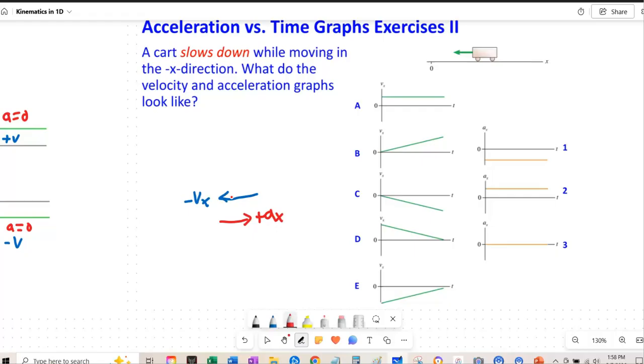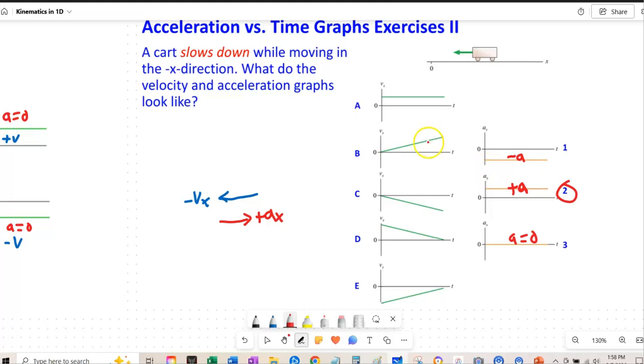They're parallel, but they're in opposite directions. So which one of these acceleration versus time graphs shows a positive acceleration? Well, this is negative, this is 0, and this is positive. So we know 2 is correct.